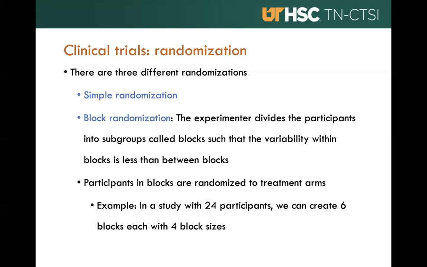And within the four participants, they all have similar characteristics. And all those participants are randomly assigned into the treatment arm or into the control arm. So block randomization is one of the randomization methods. It can be replicated, and there are statistical methods or software that can help in the assignment of participants into the treatment arm and into the control arm.